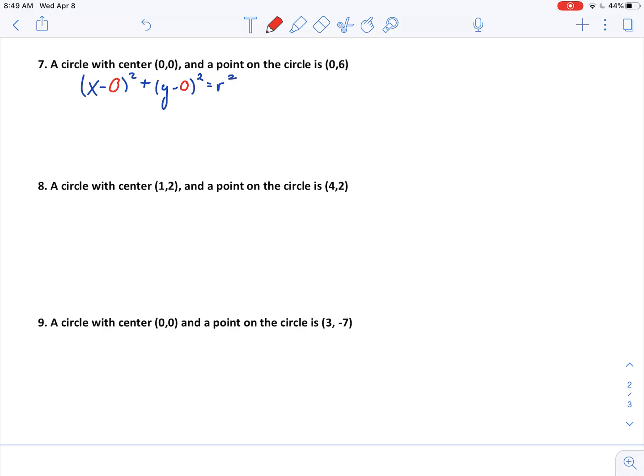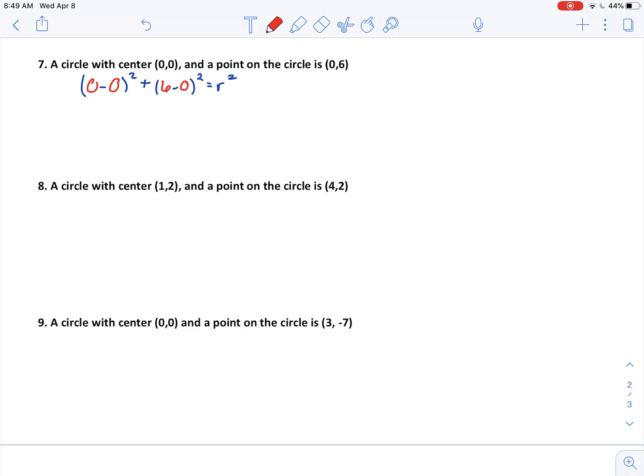So let's just substitute those in, and I'll do that in red, 0 and 0. And we know that our point here is 0, 6.